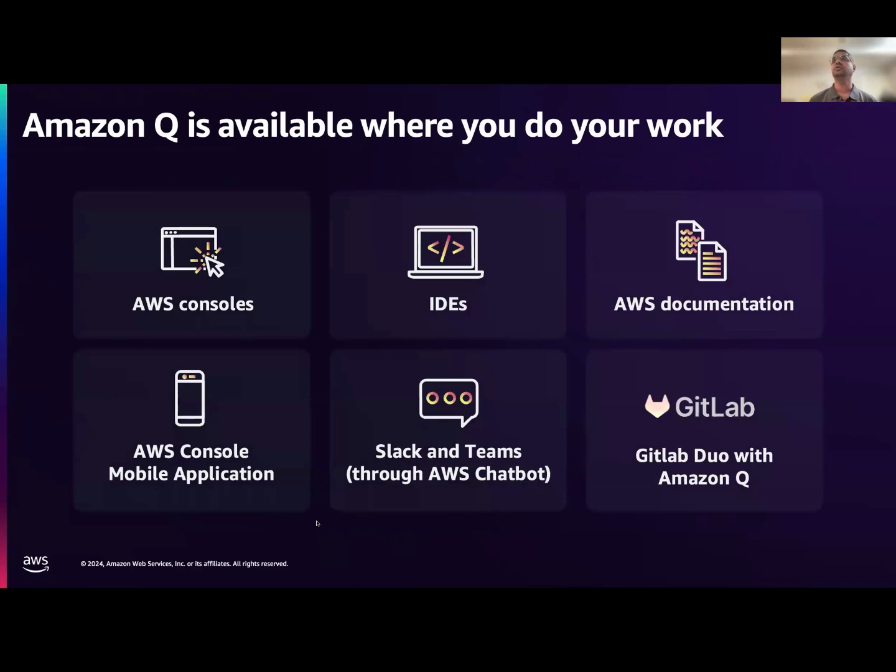You can get Q directly there in your IDE. You can get it on your mobile. You can also find this in AWS documentation. But if you are a developer, the majority of your time will be spent in IDEs or in AWS documentation. Okay.